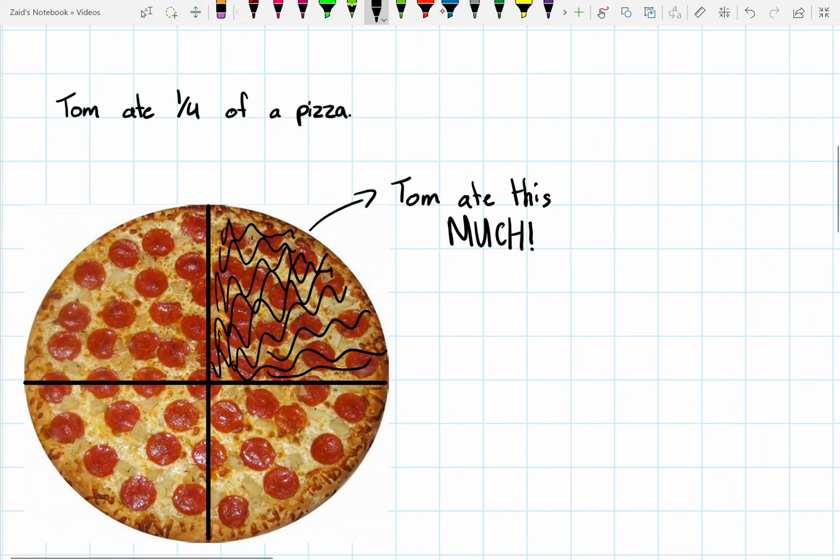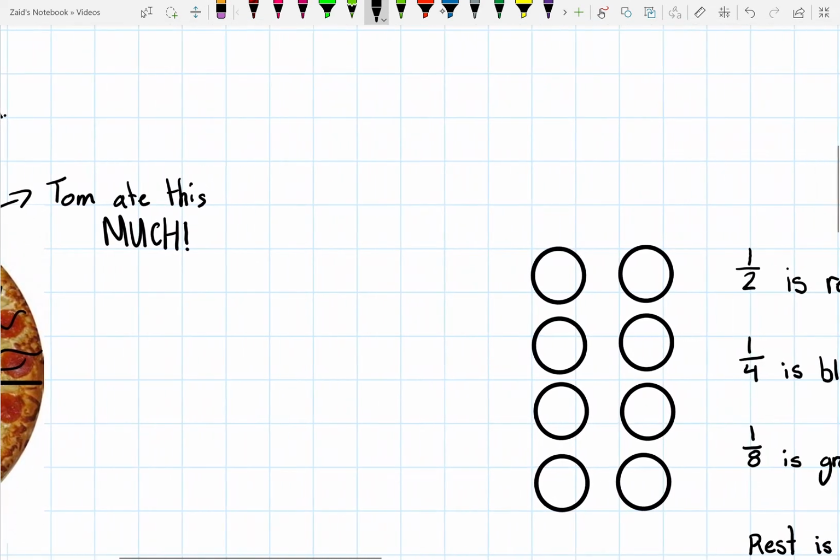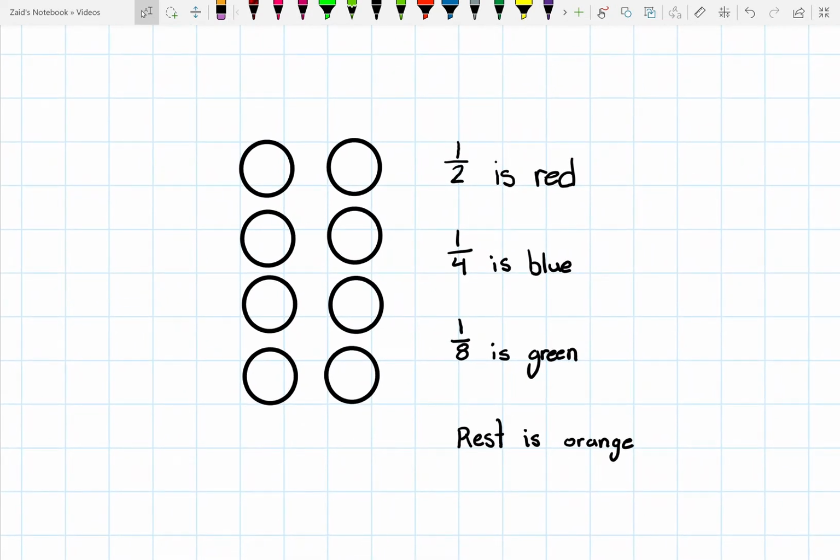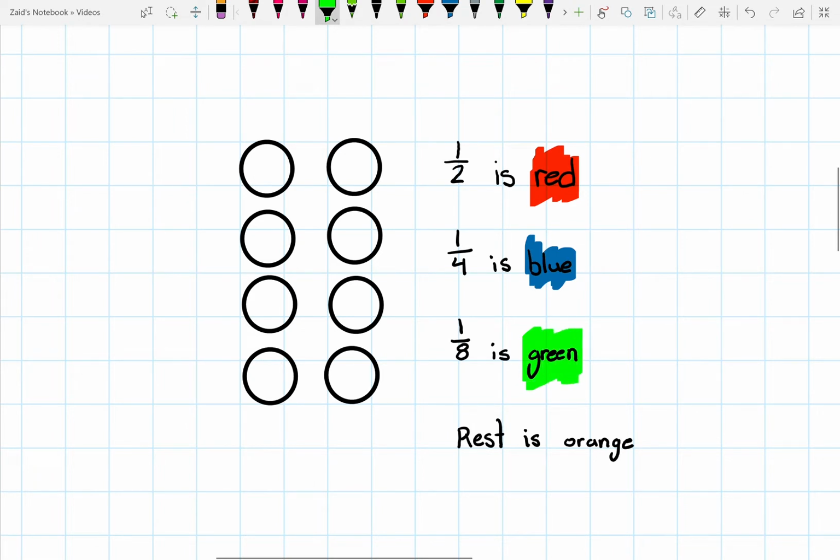Okay, so now I have another example where it talks about marbles or balls, and it tells us that 1/2 of the marbles are red, 1/4 of the marbles are blue, and 1/8 of the marbles are green, while the rest are orange.